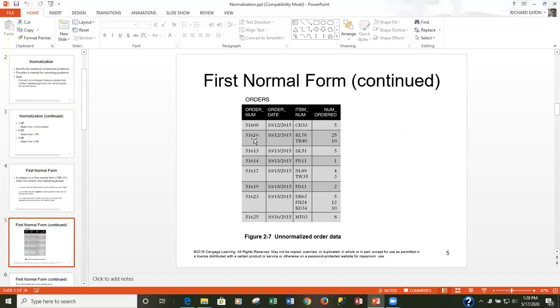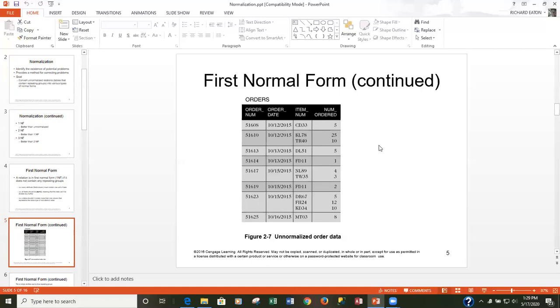Order 51610 has a KL78 and a TR40, and it has number ordered 25 and 10. Logically, you would say that 25 must be associated with the KL78 because they're on the same row, and 10 must be associated with TR40 because they're on the same row. But a relational database cannot make that assumption, and so this is a significant problem.